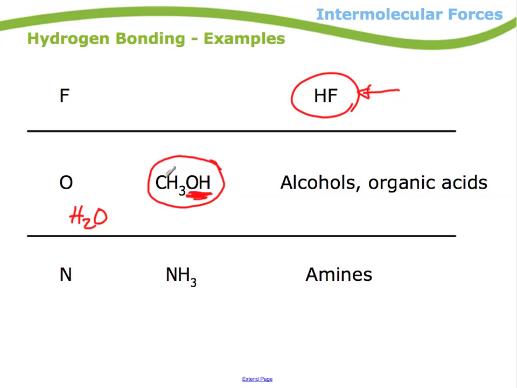Notice this molecule would also be asymmetrical, so there would also be dipole-dipole forces there. Organic acids like ethanoic acid or benzoic acid are other examples where there'd be an oxygen bonded directly to a hydrogen. With nitrogen, there might be lots of examples, but ammonia would be one. Amines or amides would be some organic compounds that would exhibit hydrogen bonding.